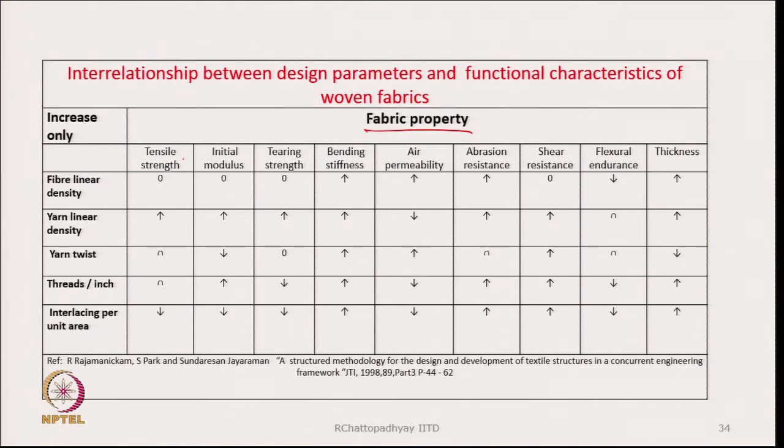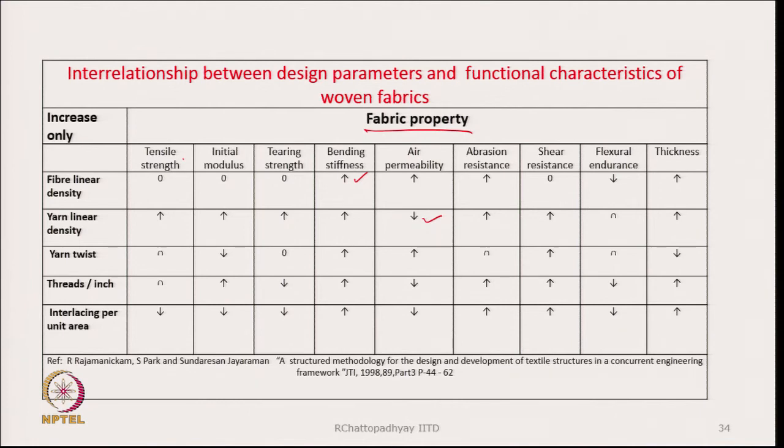A 0 indicates no change, an upward arrow means it is going to increase, and a downward arrow means that property is going to decrease.